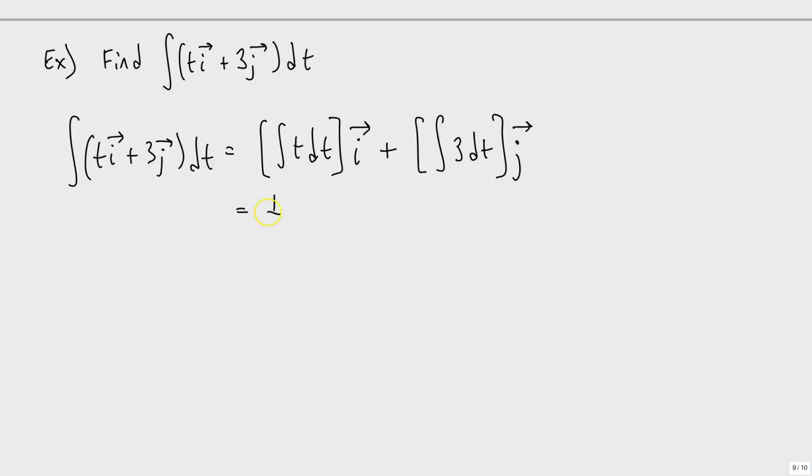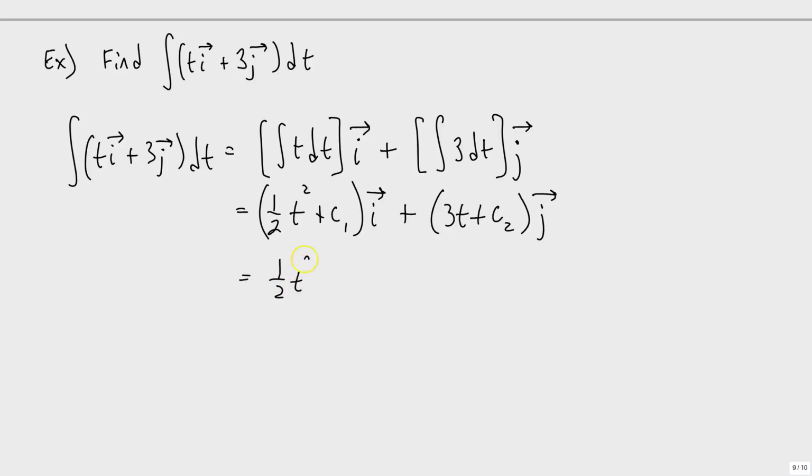So that's just going to be 1/2 t plus some constant plus 3t plus some constant. So then that'd be t squared, forgot my squared. Raise the exponent by 1, so that'd be 1/2 t squared i plus 3tj plus c1 i plus c2 j.